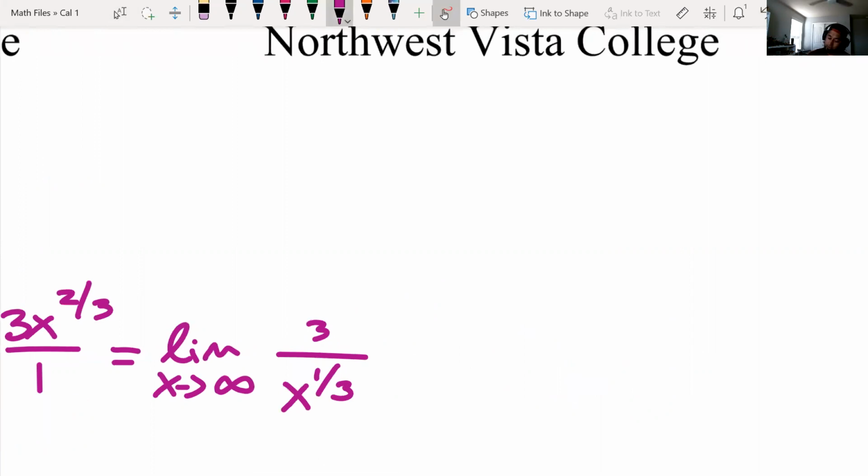And now, if you plug in that limit, you'll have 3 over infinity to the 1/3. So this denominator is getting larger and larger, but of course at a slower rate because it's to the 1/3 power.